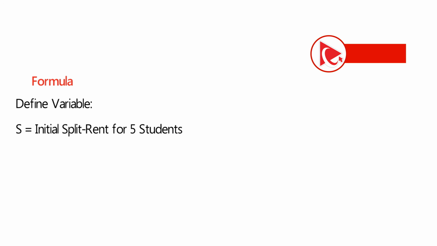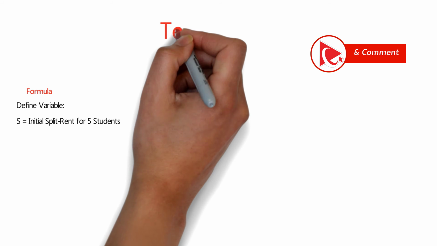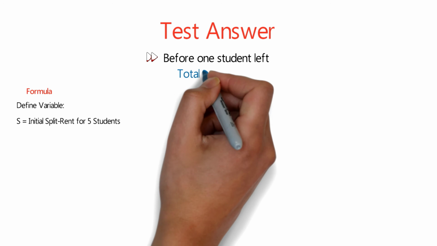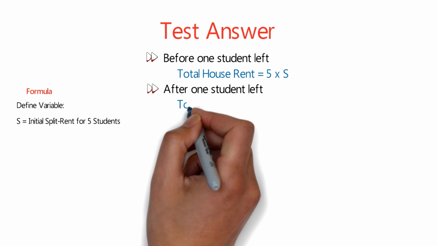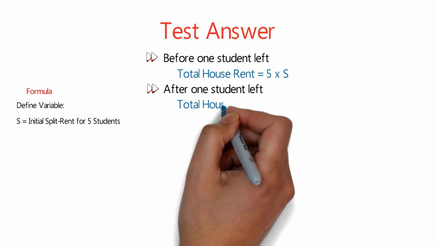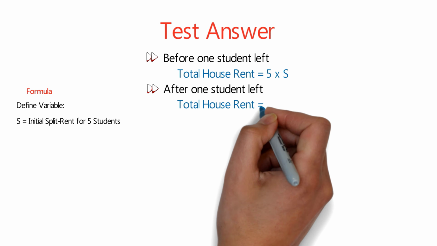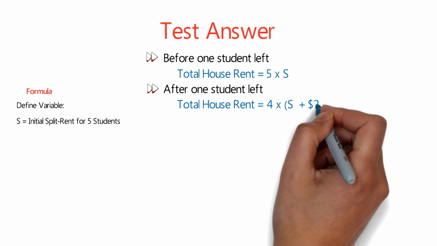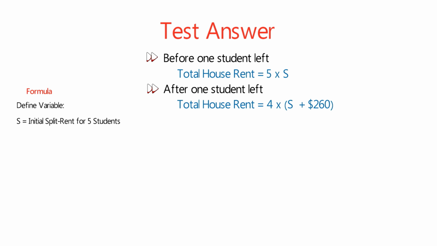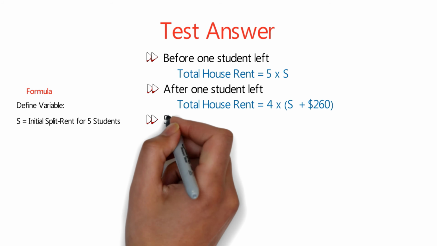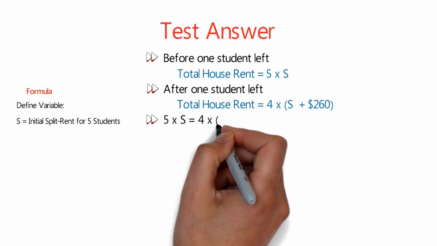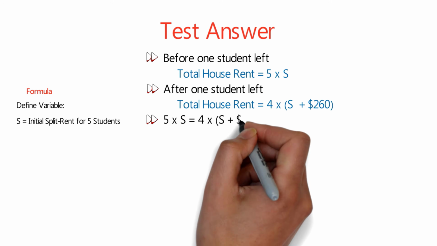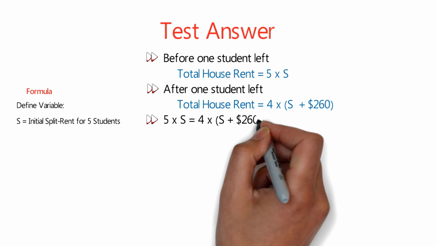So, using this formula, we can calculate the total house rent as 5 multiplied by S, which means that after one student left, the total house rent could also be calculated as 4 multiplied by the value in parentheses S plus $260. Using both approaches, we can create an expression: 5 multiplied by S equals 4 multiplied by the value in parentheses S plus $260.